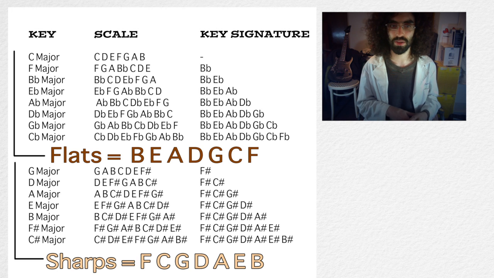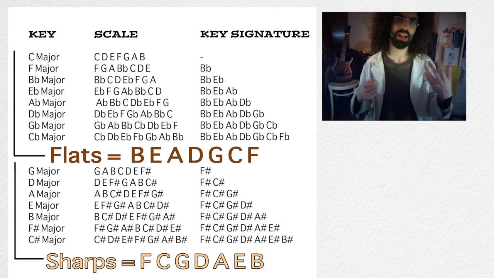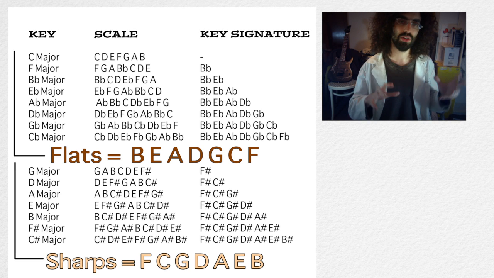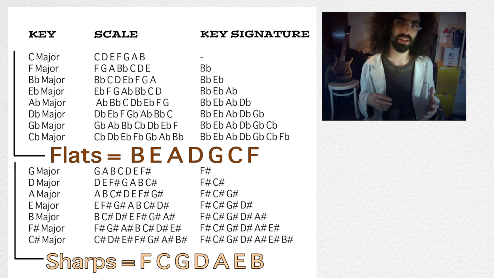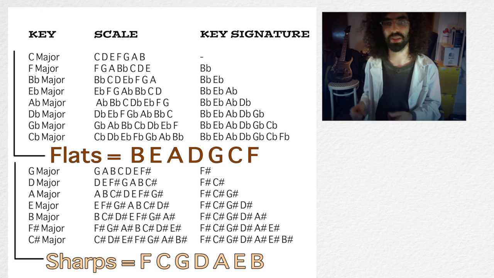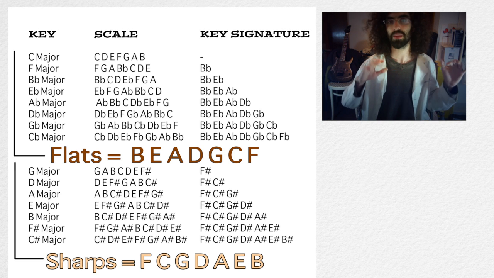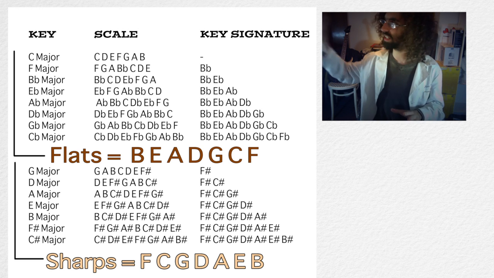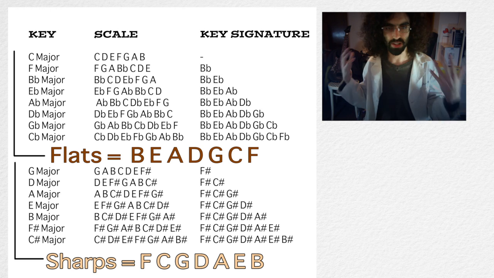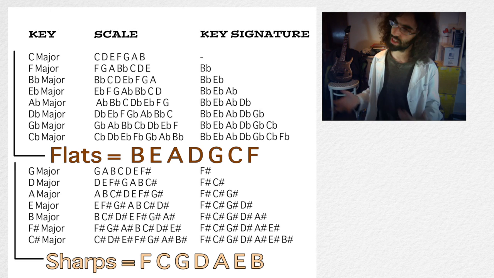That's important to know. And I attached a link to a poster that has all this information on it that you can print out and put on your wall, because it's so helpful to be able to study this chart, find patterns and start to absorb this information from time to time.